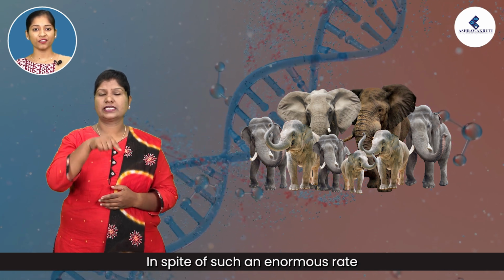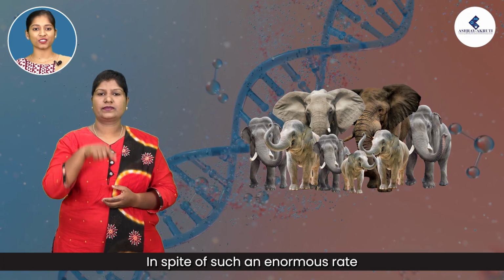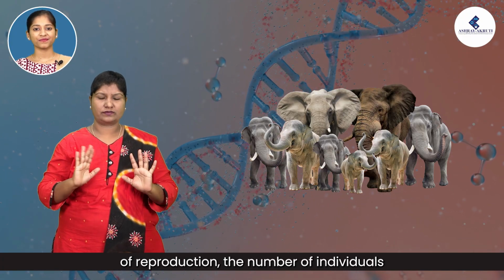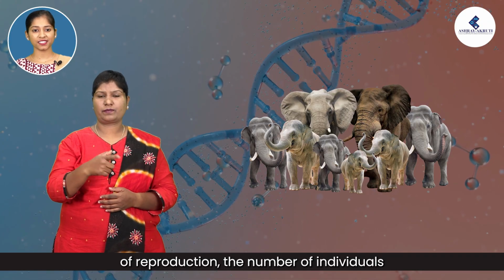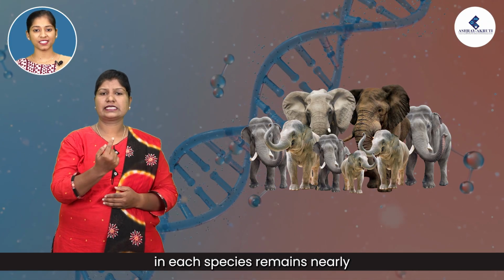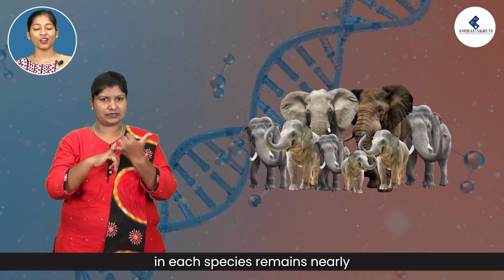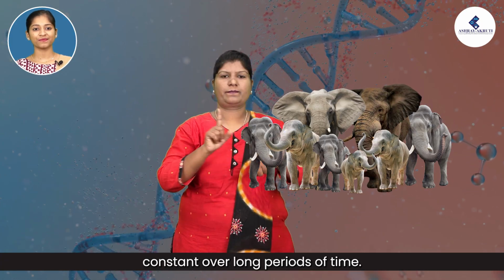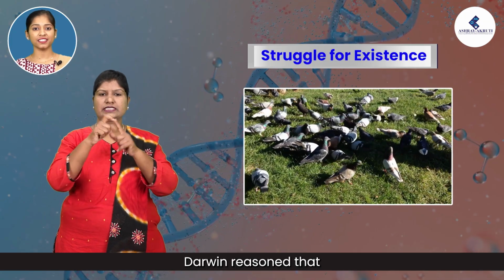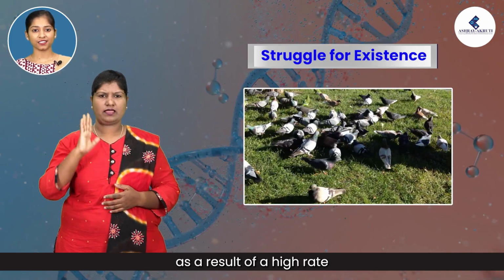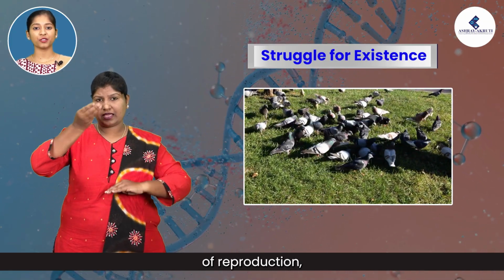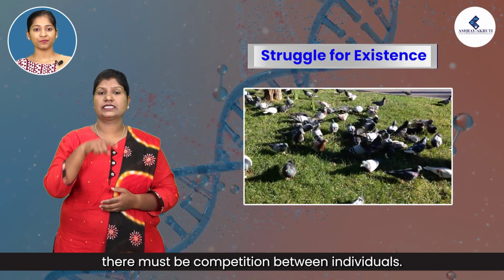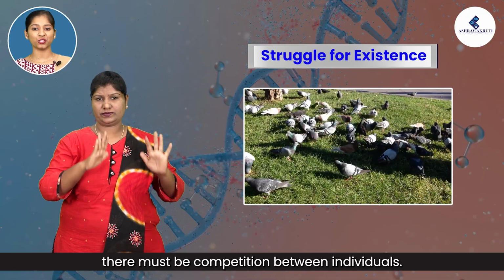In spite of such an enormous rate of reproduction, the number of individuals in each species remains nearly constant over long periods of time. Darwin reasoned that as a result of a high rate of reproduction, there must be competition between individuals.